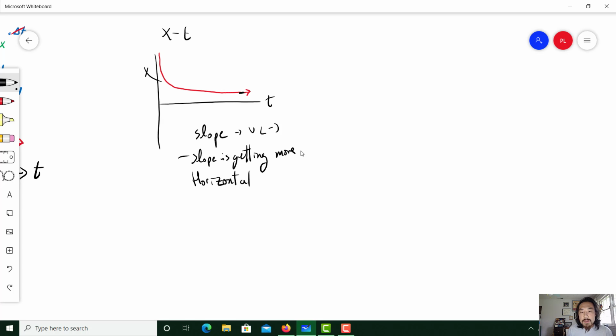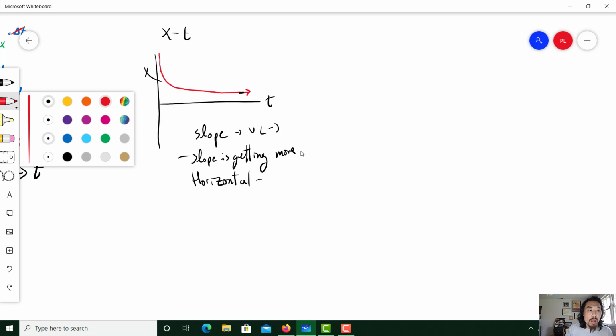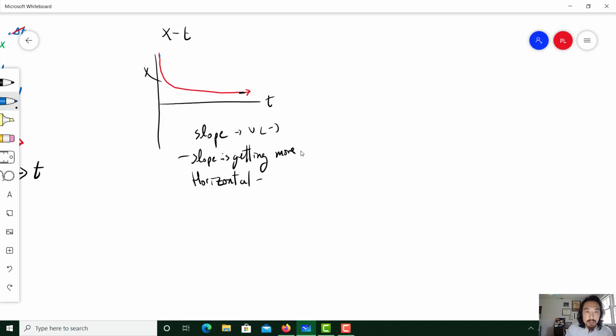So what does this mean for us in terms of acceleration and velocity? If this slope is getting more and more horizontal, let's compare the positions. Initially, right there, we'll call that A, and we'll compare that to right here, we'll call that B. So the velocity at A versus the velocity at B. Because it's more vertical here, it's going faster compared to here where it's more flat.